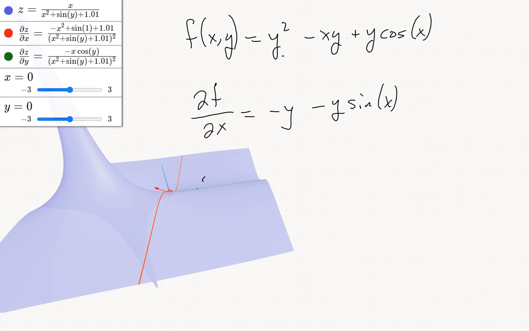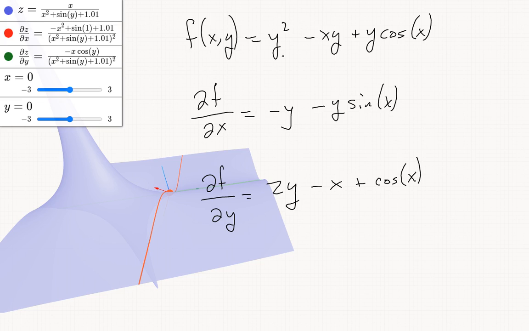Okay, so del f by del x, we'll have to use the quotient rule again, so this will be something over x squared plus sine y plus 1.01 squared. And the same will be true for del f by del y, so let me just write that out now. x squared plus sine y plus 1.01 squared.